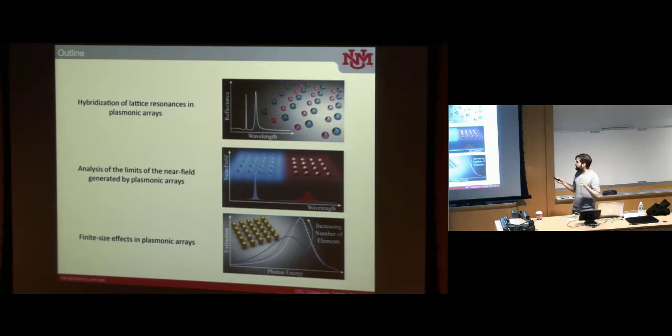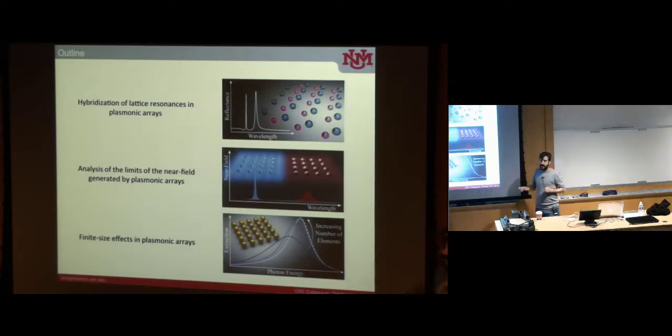So I will describe some results we have in a very simple model that we call a hybridization model, which allows you to predict the response of arrays with more than one particle in the unit cell. Connected to that, the second part of my talk will be devoted to the limits that a system with periodicity, and again we are going to be focusing on arrays of nanostructures, can reach in terms of the near field.